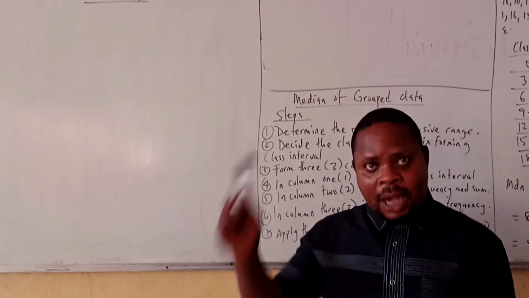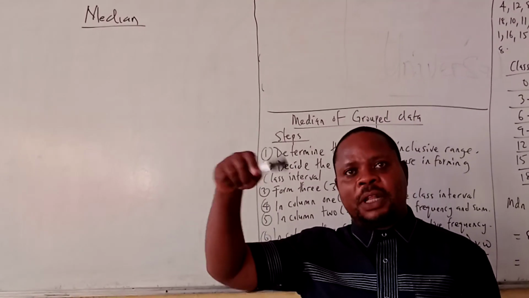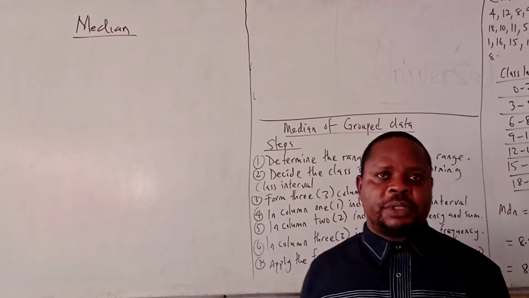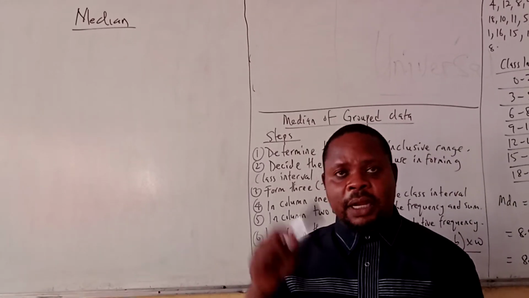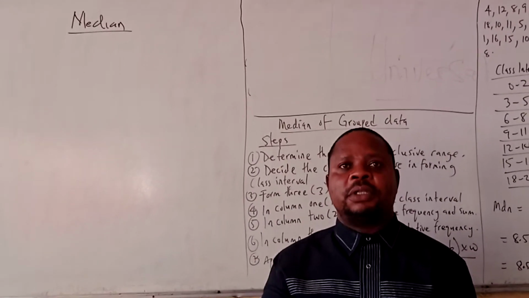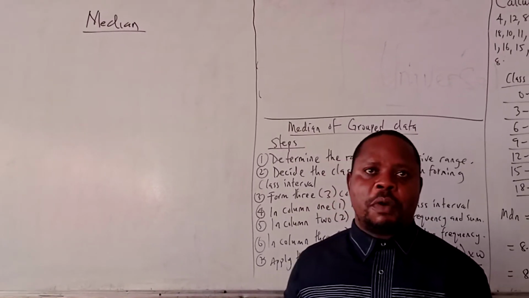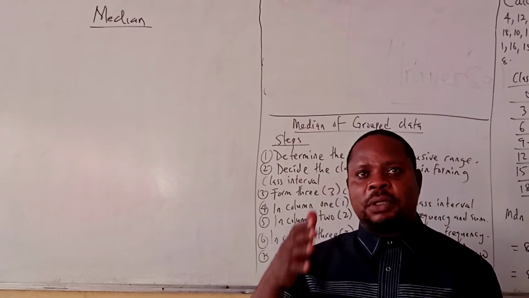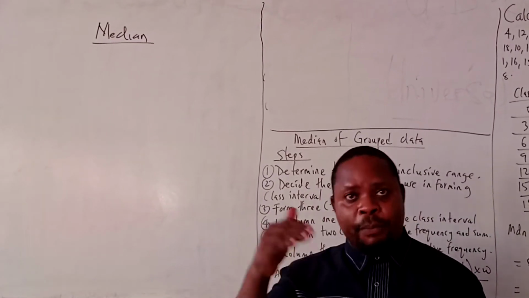The class or the score at which 50% of the data lie above and 50% lie below. In essence, median is a point that divides the data into two equal parts.